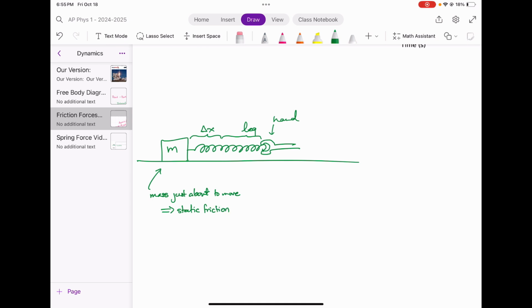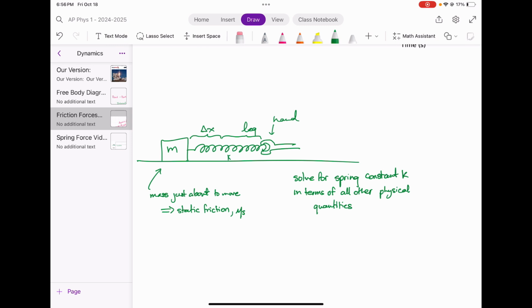And the question is, solve for the spring constant K in terms of all other physical quantities. Cool. So there's a spring constant K, and we also have some kind of coefficient of static friction that we'll call mu s.